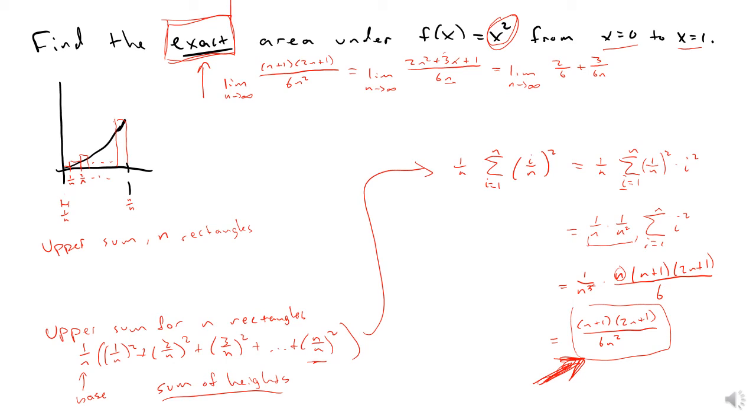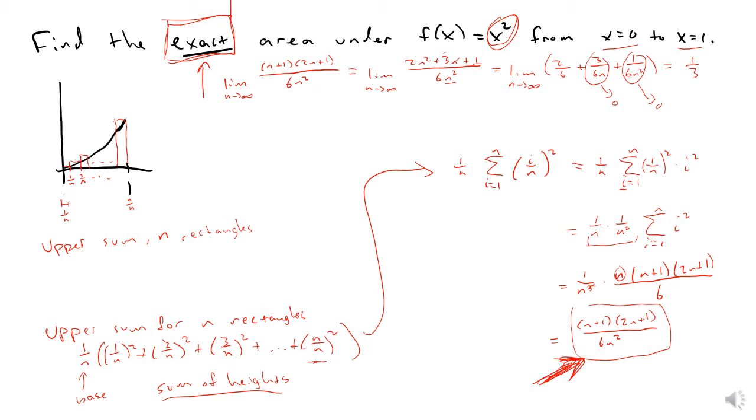Okay, and then when I look at my last piece, I'm doing 1 over 6n squared, so plus 1 over 6n squared. Now what happens as n goes to infinity? This term goes to 0, this term goes to 0, and we're left with just 2/6. So as n goes to infinity, I'm left with 2/6, which is the same thing as 1/3.